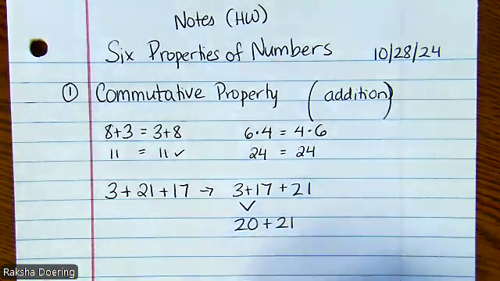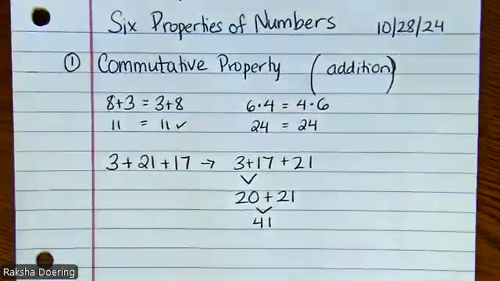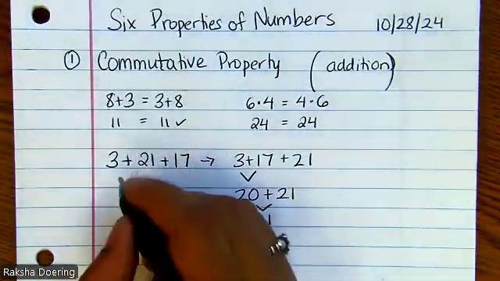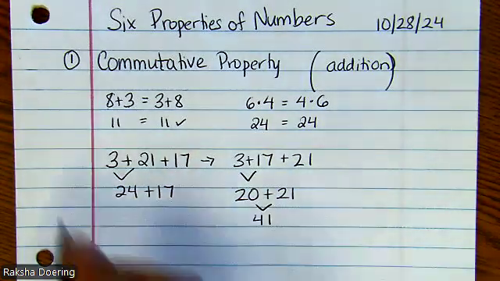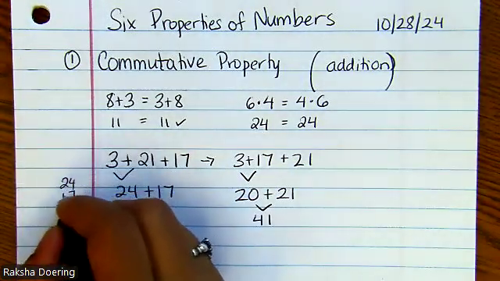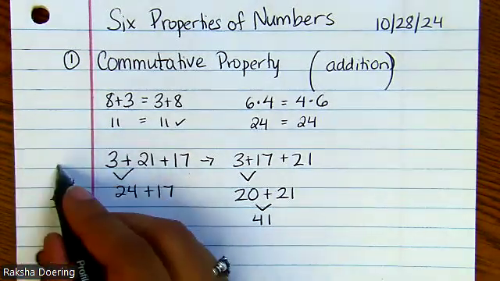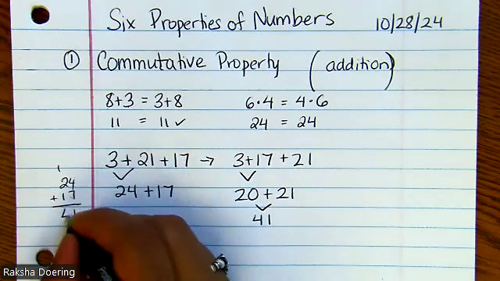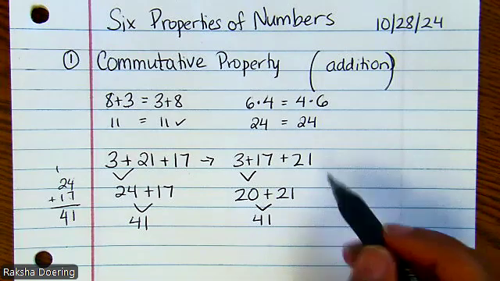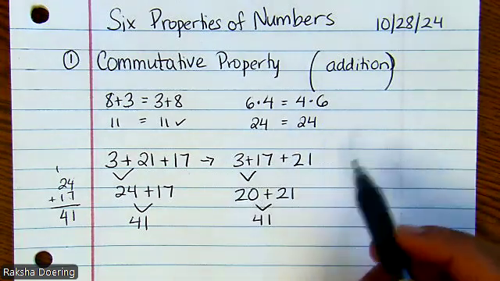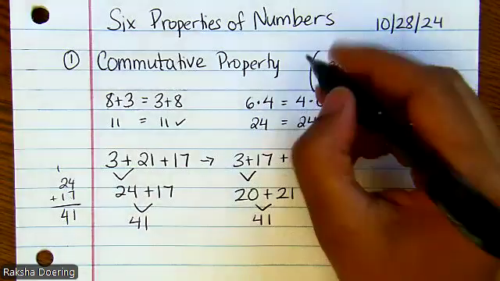And then 20 plus 21 is 41, which is easier than doing this. 3 plus 21 is 24 plus 17. And then 24 plus 17 is 7 plus 4 is 11. Carry the 1. 1 plus 2 is 3 plus 1 is 4. So I get the same answer, but the idea with this is you could rewrite it to make it simpler for yourself. So this works for addition and this works for multiplication.